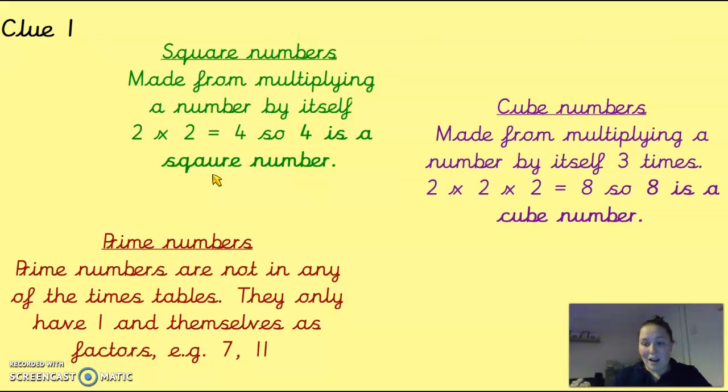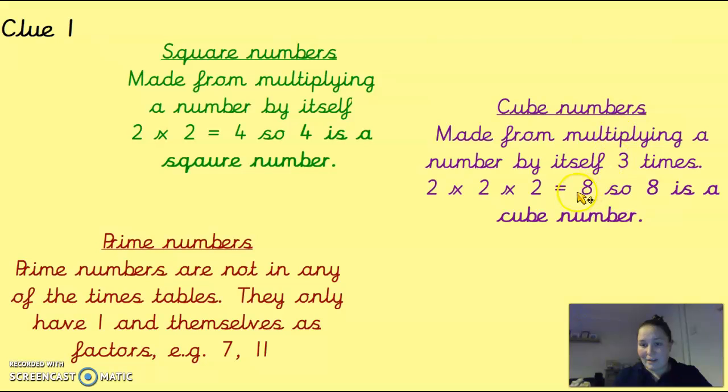So to decide if a number is square or not, you have to decide, can it be reached by multiplying a number by itself? To make a list of your square numbers, you could simply list down the calculations. 2 times 2 is 4, square number. 3 times 3 is 9, square number. 4 times 4 is 16, square number, etc.